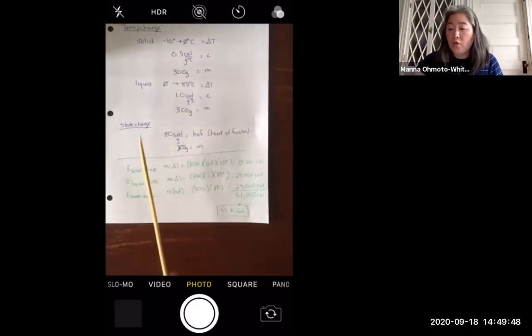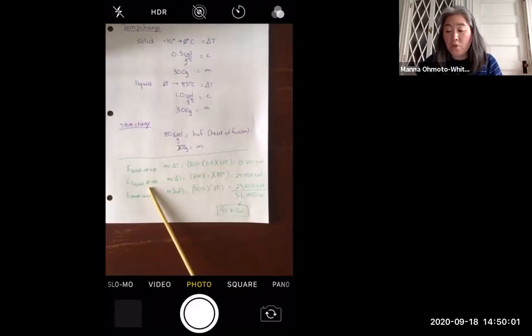So this first part, where I'm increasing the temperature of my solid, will be MC delta T because I'm changing the temperature. So 300 times 0.5 times 10 is 1,500 calories. In order to increase the temperature of the liquid, it will be MC delta T again. So 300 times 1 times 85 equals 25,500 calories.